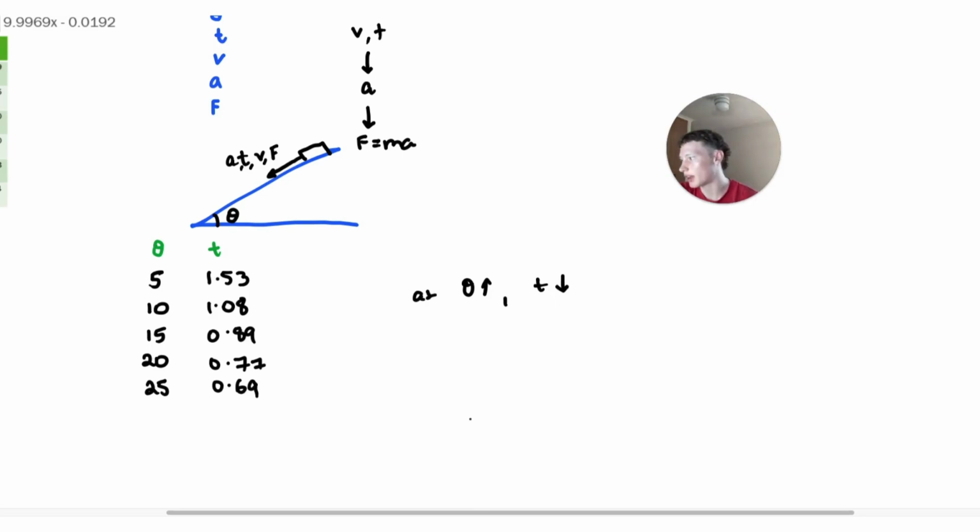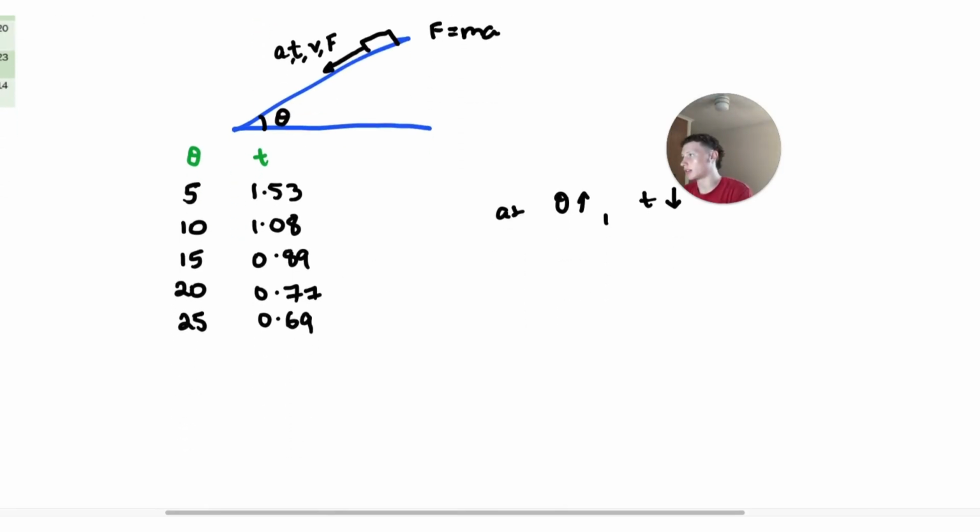Then it's also, okay, yes, we know that happens, but by how much, to what extent? You can just eyeball it and see that the angle is consistent, it's +5. The time's not. It's a bigger jump here than it is here, and that jump gets smaller.